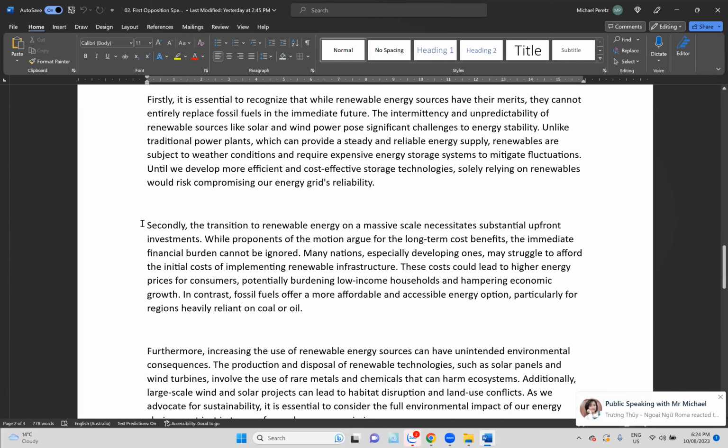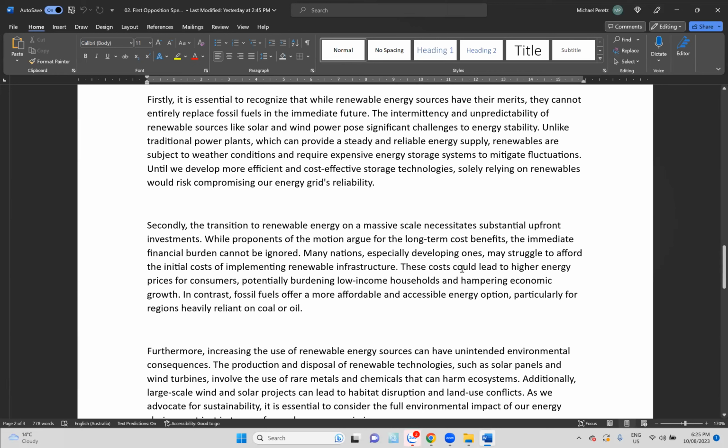We move on. Secondly, so again, signposting. The transition to renewable energy on a massive scale necessitates substantial upfront investments. And now they're talking about just how expensive it's going to be. So again, picking away at the proposition team's case. While proponents of the motion argue for the long-term cost benefits, the immediate financial burden cannot be ignored.